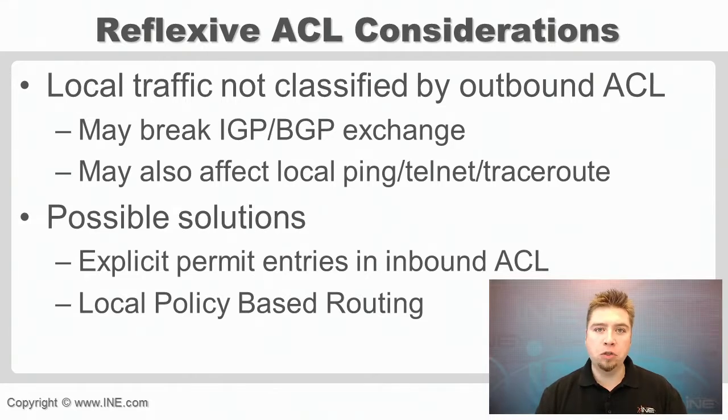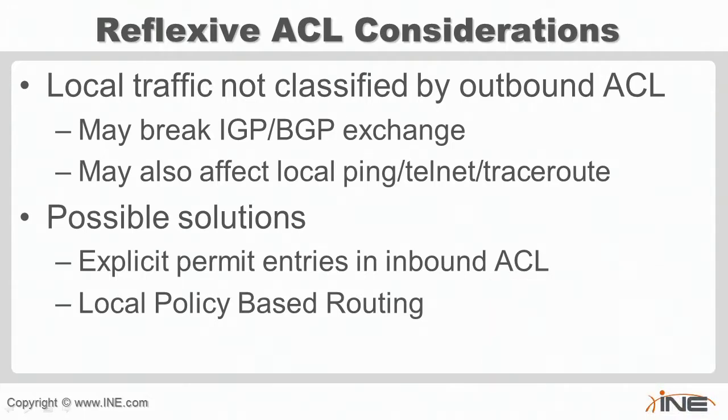But in general, the simple solution is that if the router is locally generating traffic out the interface that has an outbound ACL, we need to make sure to manually account for the return flows on the inbound ACL of that same interface. Otherwise, we'll see that it breaks things in the control plane like our basic routing protocols.